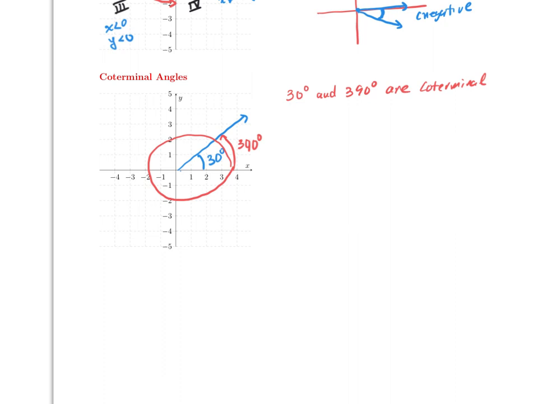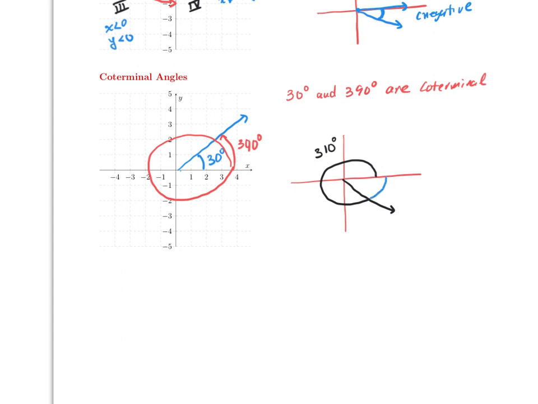Now remember how I mentioned that you can have angles that are positive or also negative. So for example, here, you start here and you go all the way around to here. And let's say that this is 310 degrees. Okay, so that's the positive angle.